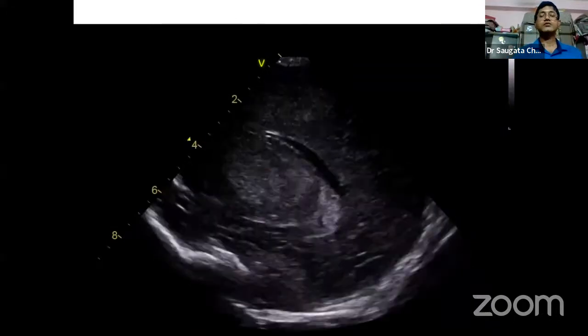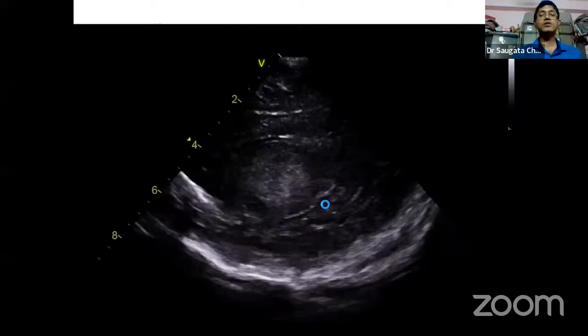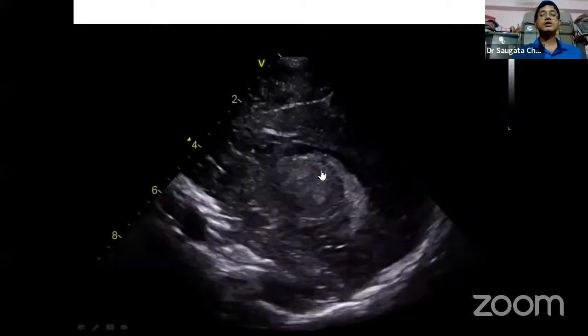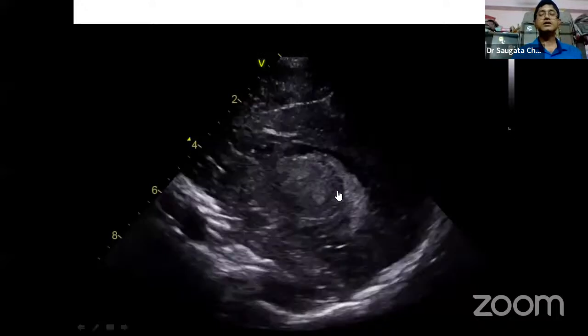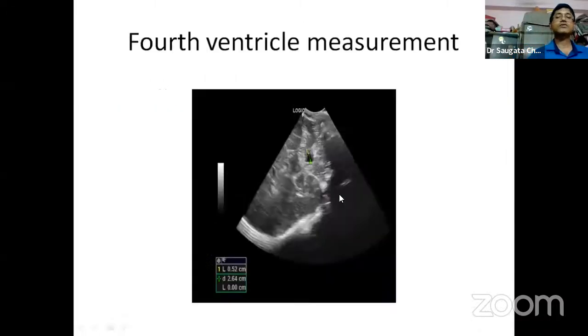This is a normal view. This is the choroid plexus, a normal choroid plexus. But you see this thalamocortical area. I'll show you the normal first.